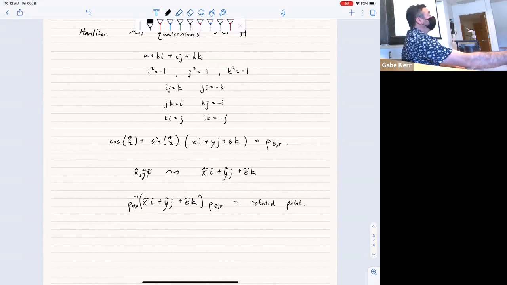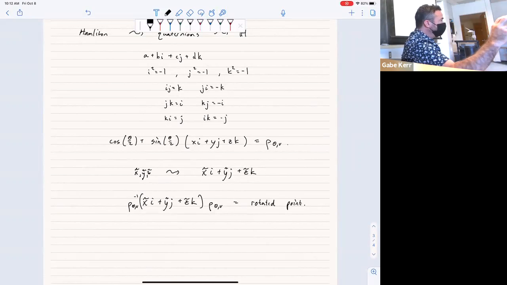So point being, why care? I don't know if you care, but what you can do with this is go down from those 9 entries in that 3x3 matrix that you had to write down to 4 entries in a quaternion vector, which are totally determined by the geometric information you want as your input for your rotation.